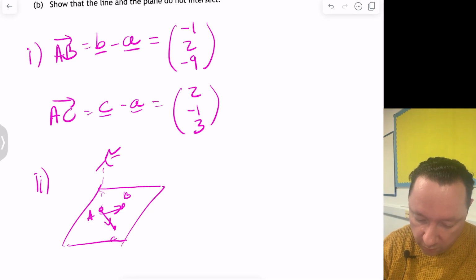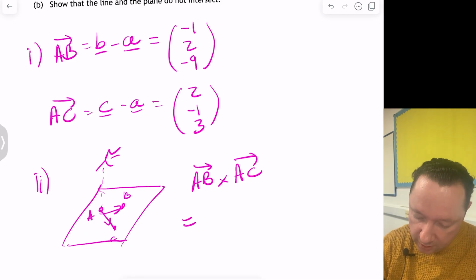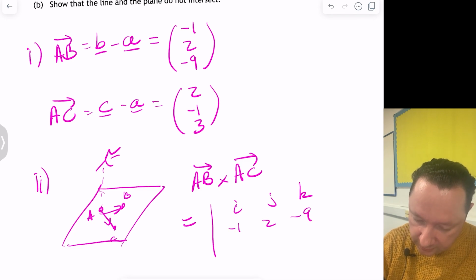To work out that, it's the cross product. So we do AB cross AC. Now you can use the exam paper for this. It is a matrix, i, j, k. AB is minus 1, 2, minus 9, and AC is 2, minus 1, and 3.